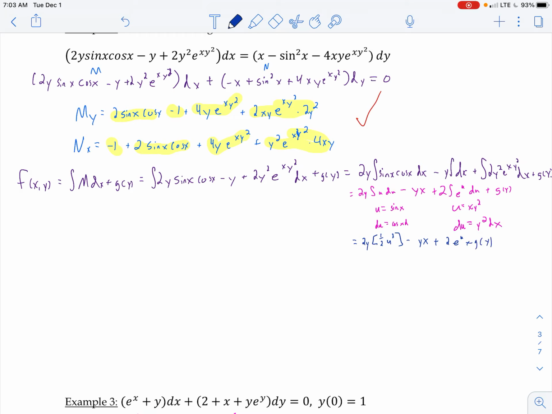I'm going to replace all those things now. So then f of x, y is just going to be, 2 times 1/2 is just that, so y times sine squared x minus xy plus 2e to the xy squared plus g(y).